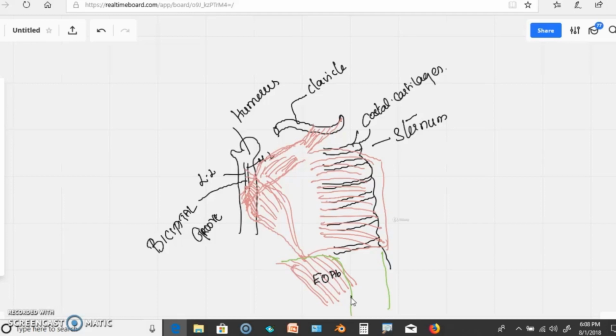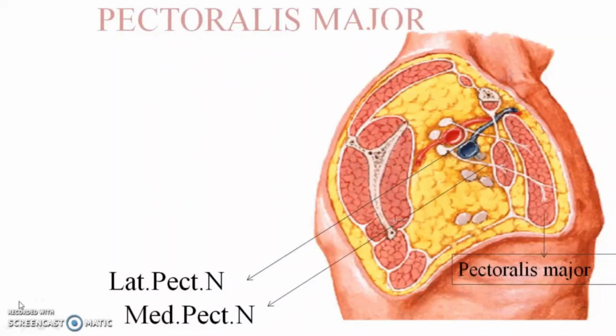The green color layer what you are seeing is the fascia of the external oblique abdominis. That's all about the muscle pectoralis major. So the pectoralis major muscle takes origin in four ways and gets inserted into the bicipital groove of the humerus. So the pectoralis major muscle origin and insertion will be clear to you.